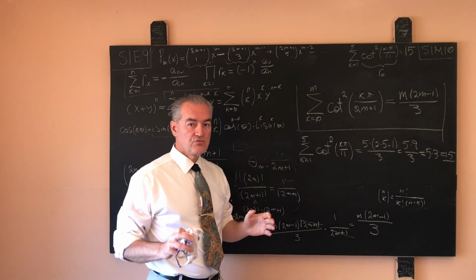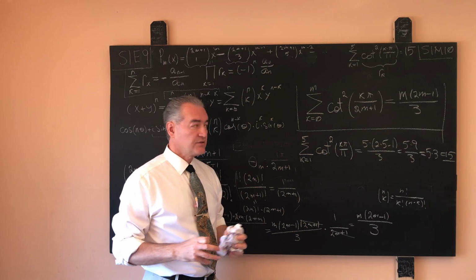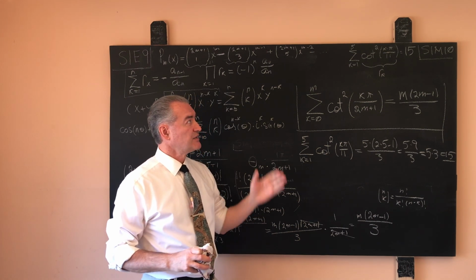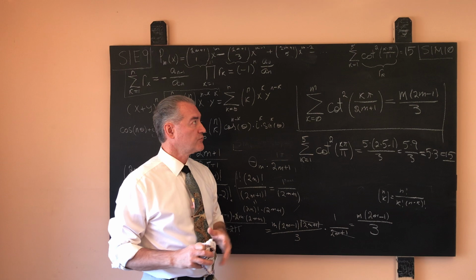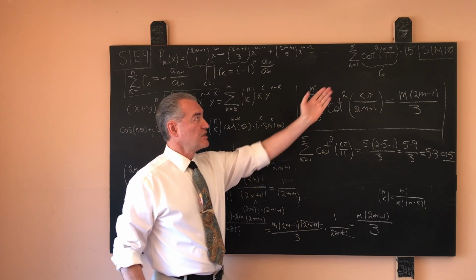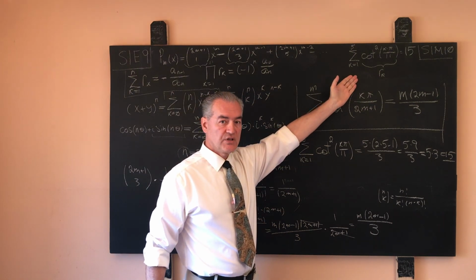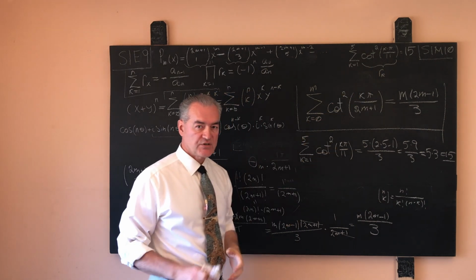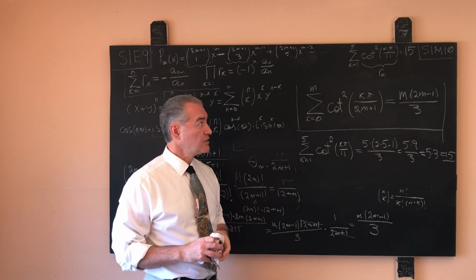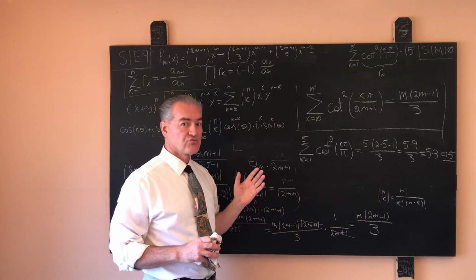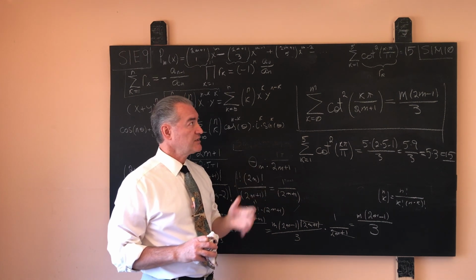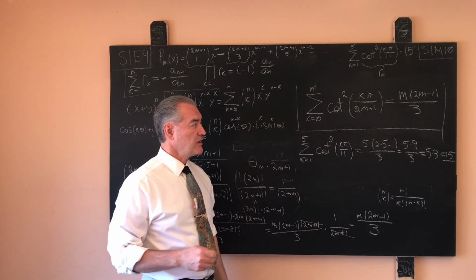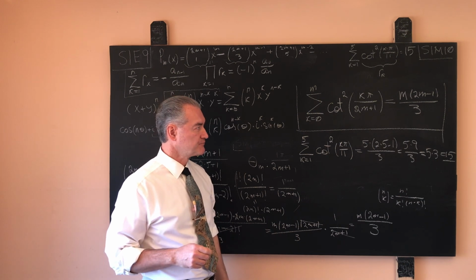This is a reasonably amazing result, because not only the sum of perhaps wildly changing values of the square of the trigonometric function of cotangent becomes not just a rational number, but in this case it came out to be a whole number.